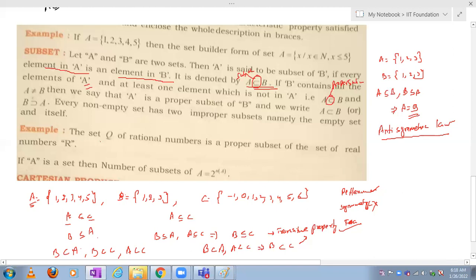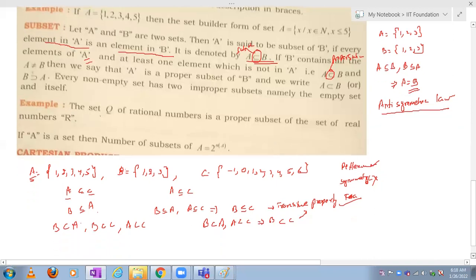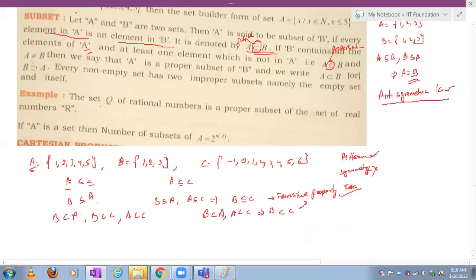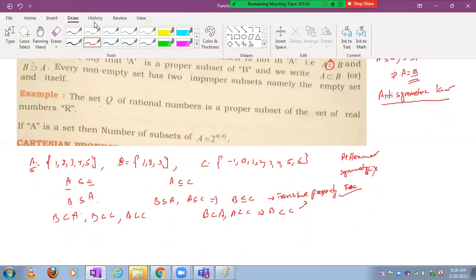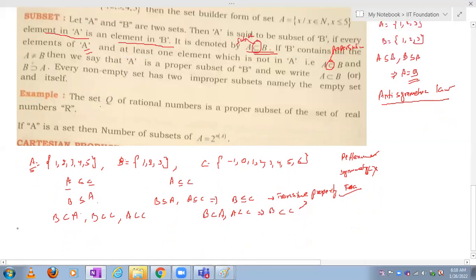Okay, suppose there is a set. How many subsets you can write for a given set? Suppose A is a set, 1, 2, 3. Different subsets. 5 is a subset of A or not? 5 is one element. Then 1 is one element. 2 is a set of 2 is one.